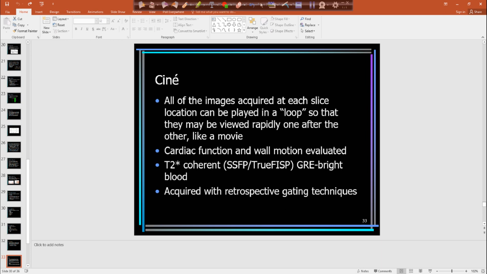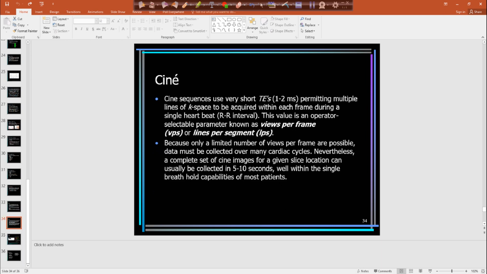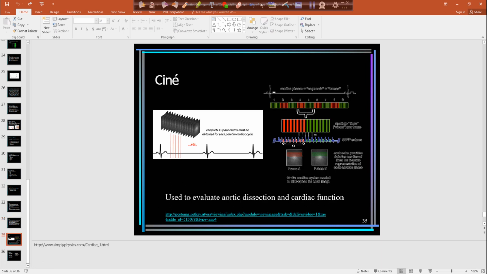But the cine imaging is acquired through this retrospective gating. So let me show you an image of what cardiac cine imaging looks like.